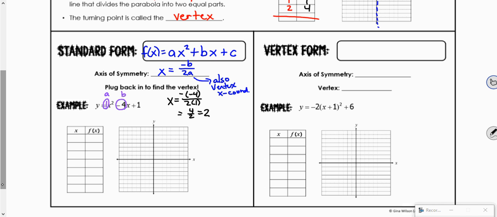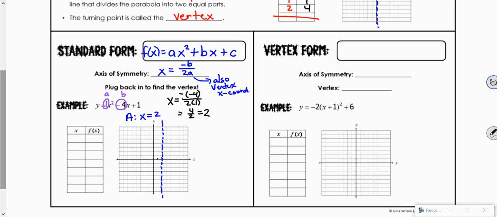So the axis, again, is x equals 2. I'm kind of guessing at where the lines are here, it's a vertical line through that.